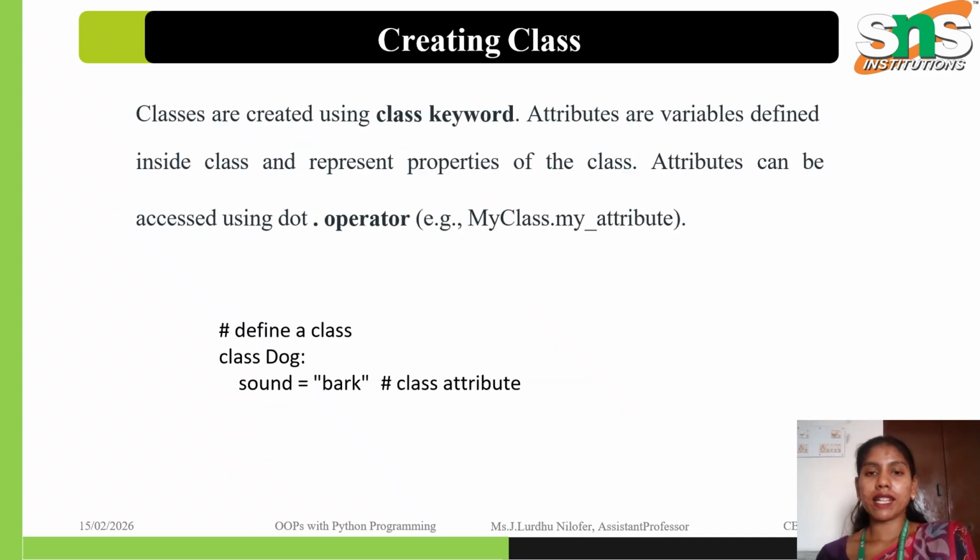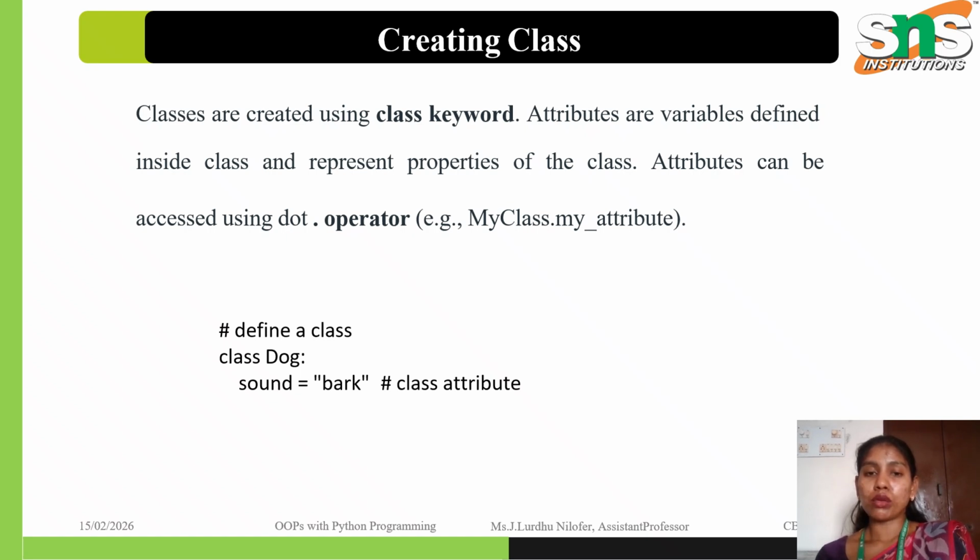Then how do we create a class? Classes are created using the class keyword. Class is a keyword. Attributes or variables are defined inside the class and represent properties of the class.